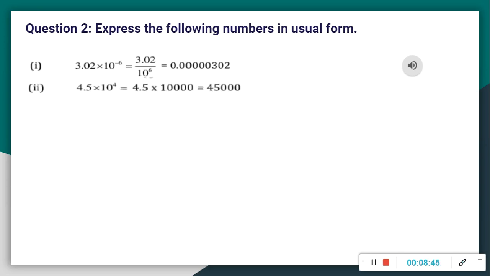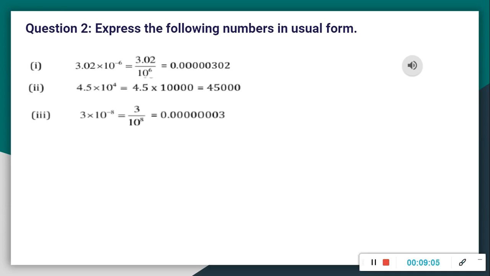Second one, 4.5 into 10 raised to 4. The power is positive, so we know that the point will move to the right side. So 4.5 into 10 raised to 4 means 10,000. That is equal to 45,000, which is the answer. Now 3 into 10 raised to minus 4.